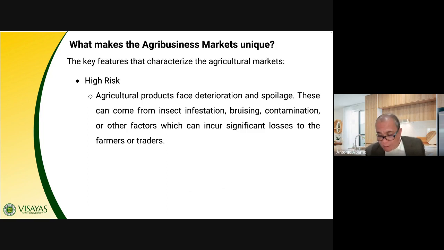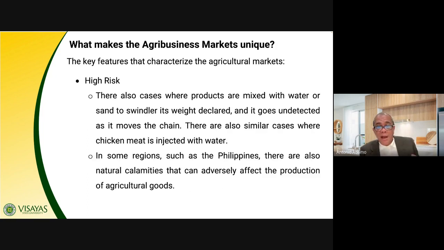And at the end of the line, very close to where the customer is, you can already see visible damage from infestation, and that will create marketing risk, because that damage will no longer create a market. In other words, it will be rejected in the market, and it's an additional cost to whoever is handling that particular product. High risk also because of climatic change.